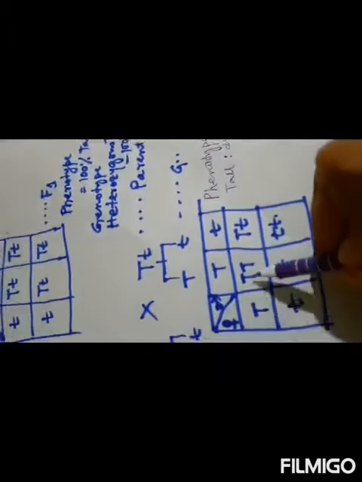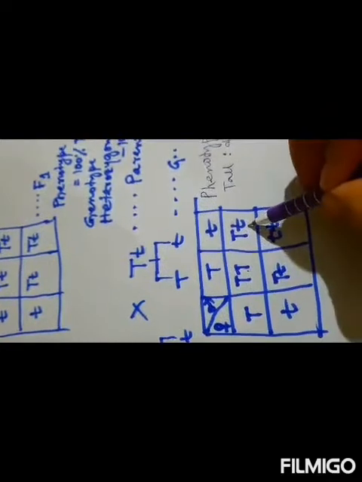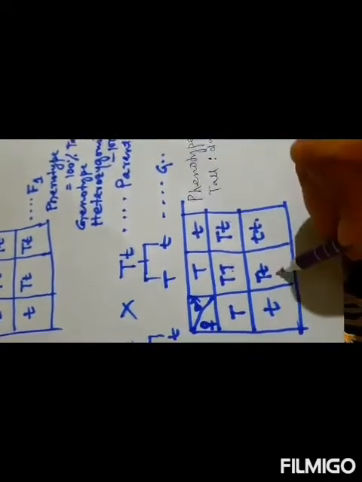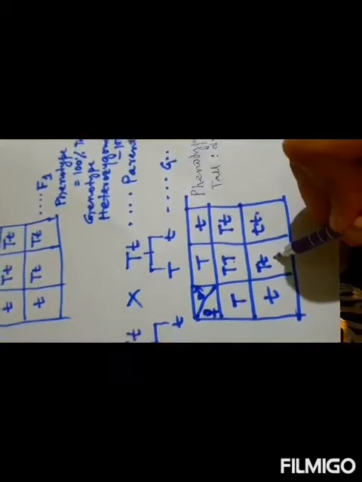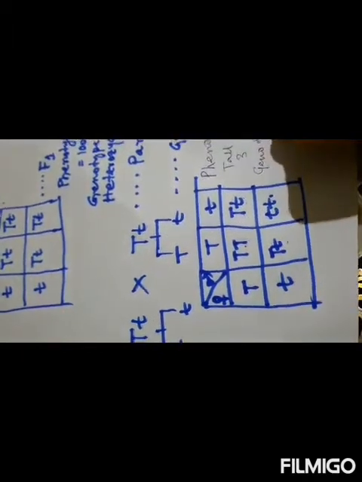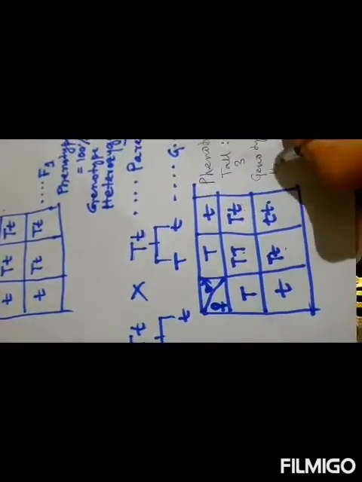Tall, how many tall? Capital T capital T, both dominant, tall. Capital T, small t, one dominant, so it will show tall. Capital T, small t, one dominant, so it will show tall. That's why 3:1.